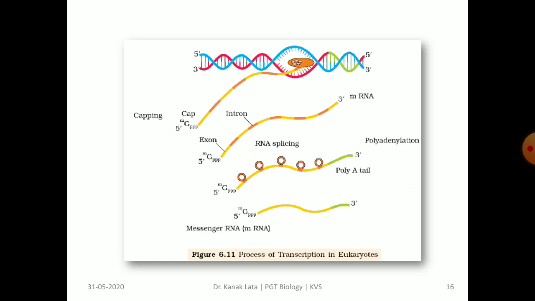The given figure shows the transcription process in eukaryotes. You may observe here that primary transcripts contain both exon and intron. So splicing is done to remove intron, and also capping with methyl guanosine triphosphate at 5' end and tailing with adenylate residues at 3' end. As a result, functional messenger RNA is formed.